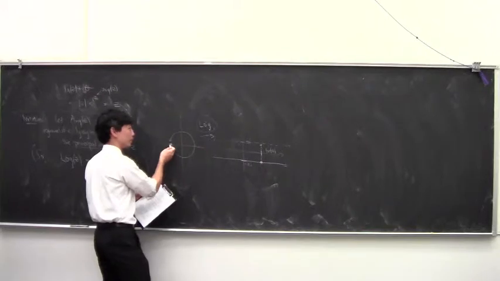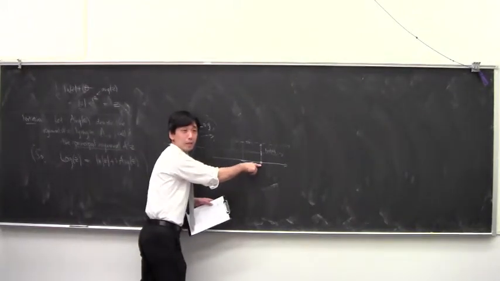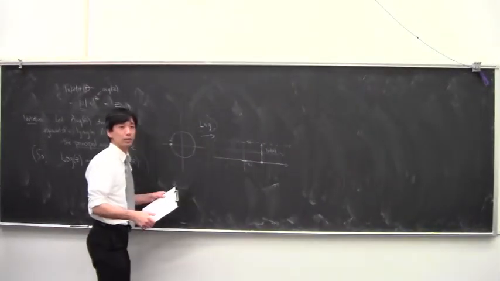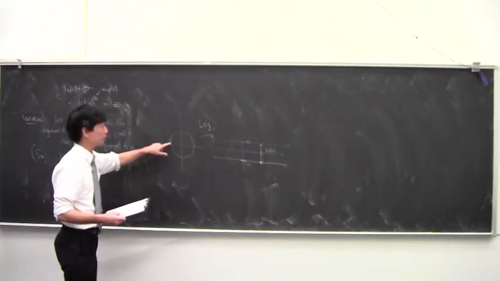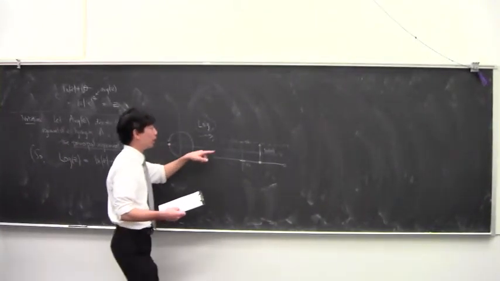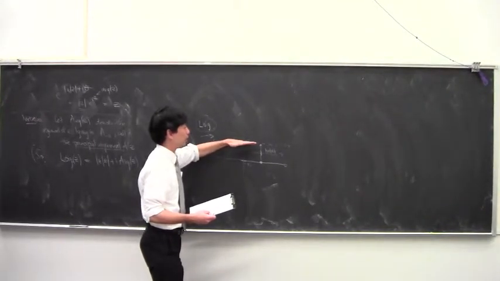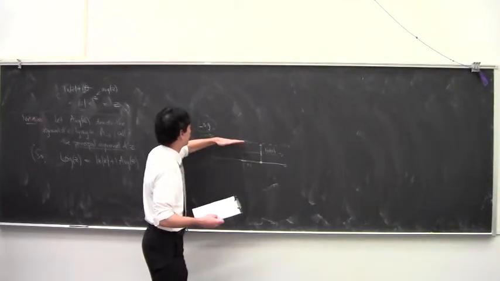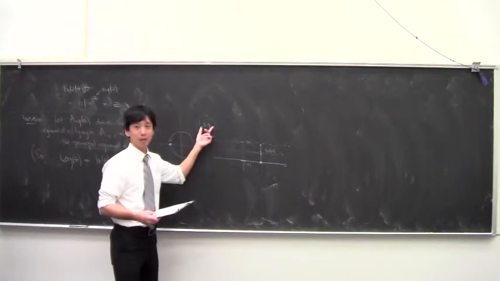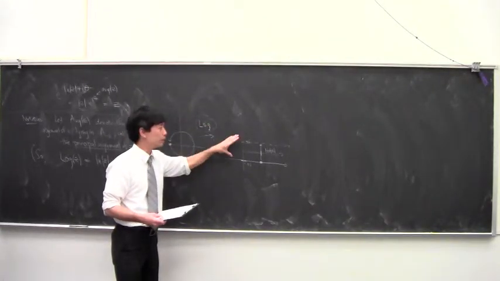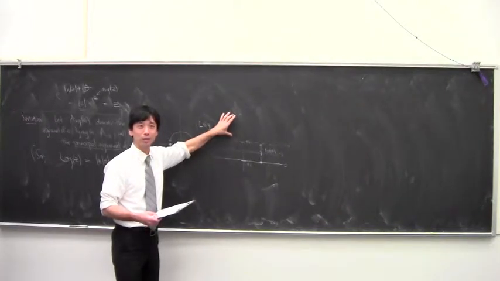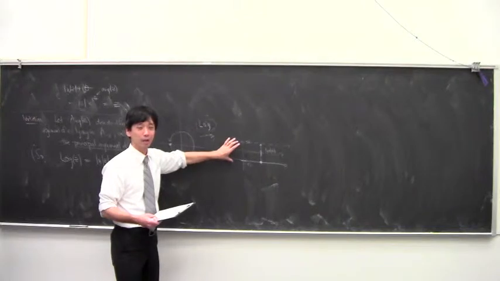If you approach this point from the bottom, the outputs are down here. It's a discontinuous function, right? What's happening rather is that as you approach this point from the top, you're approaching the values of the log plus 2 pi i. In other words, you're approaching a new branch of the log. You're approaching the values for the next branch.